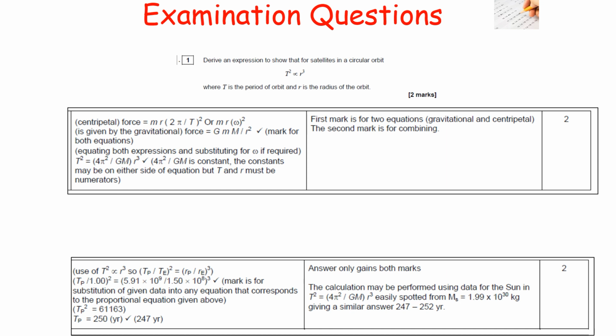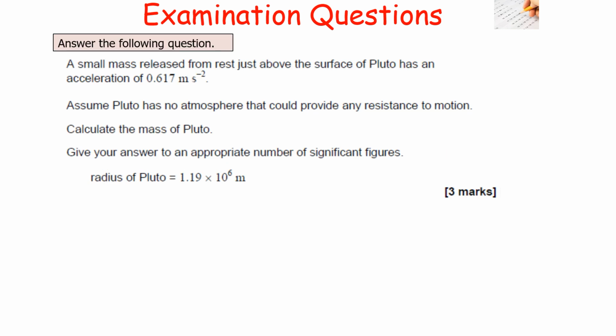We've got the radius of the orbit for Pluto and for the Earth in the question. You can then make the orbital time period for Pluto the subject, and you work it through to be 250 years.